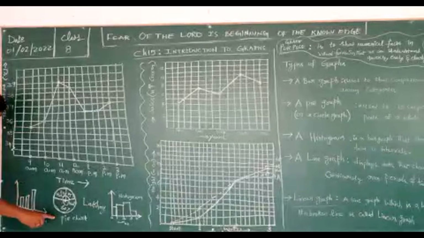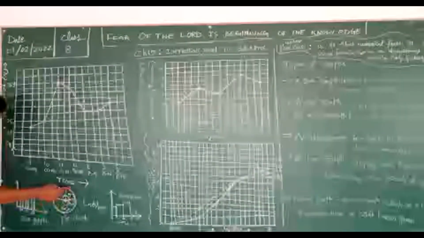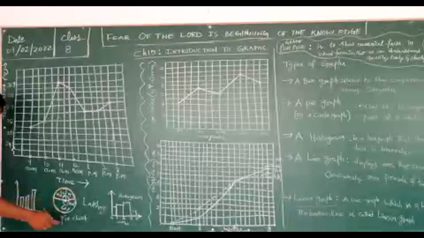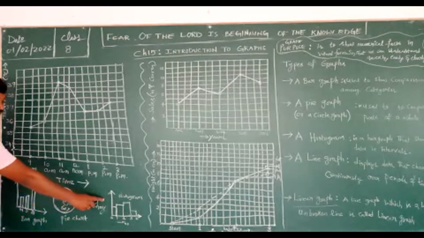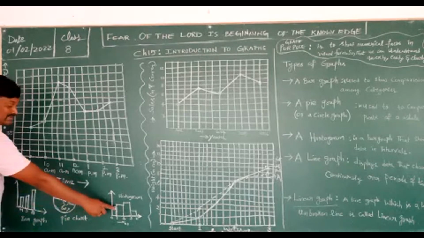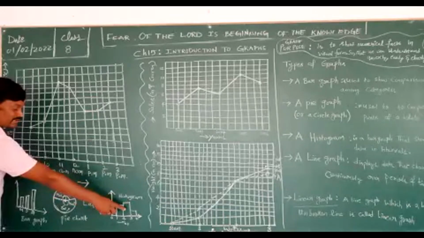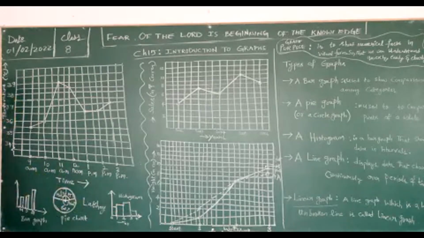And a pie chart is formed with the circle. Okay, so that circle diagram we will simply call a pie chart. And next, if all these rectangular bars in intervals are joined together, then that is called a histogram. So you type that.